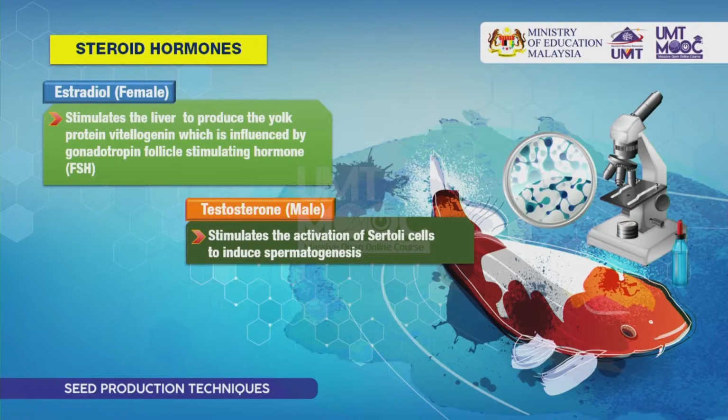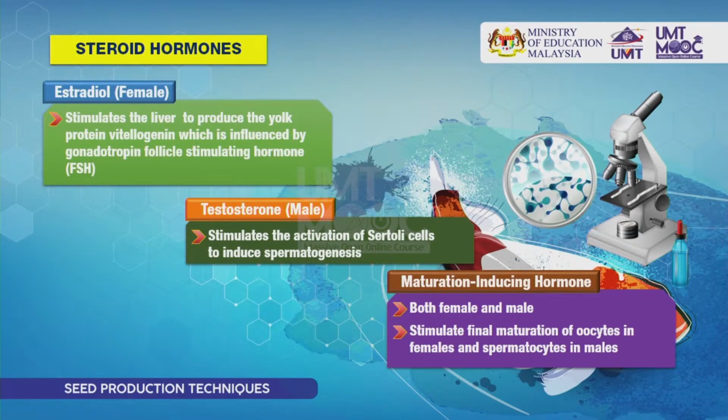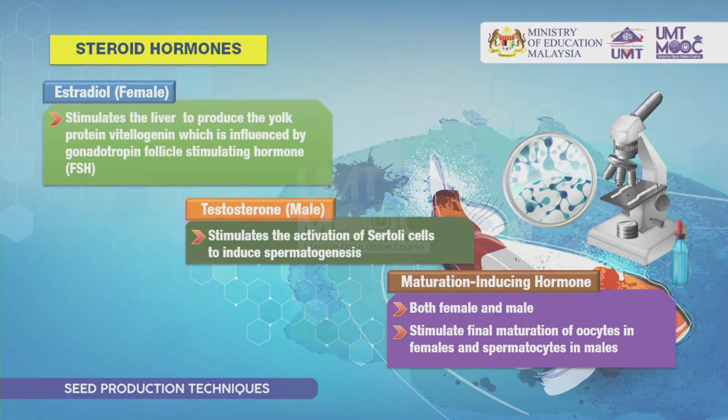While testosterone is the male steroid hormone and it stimulates the activation of Sertoli cells to induce spermatogenesis. Finally, the maturation-inducing hormone, for both female and male, stimulates final maturation of oocytes in female and spermatocytes in males.